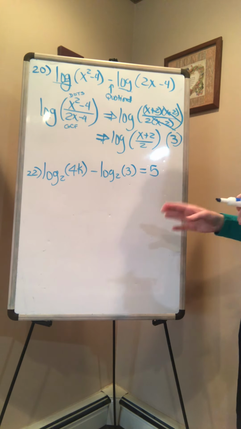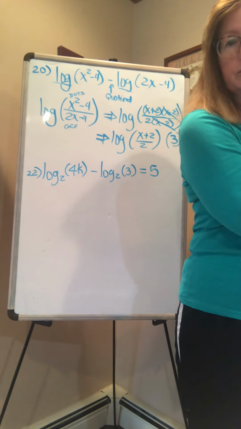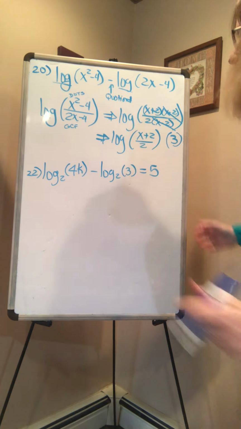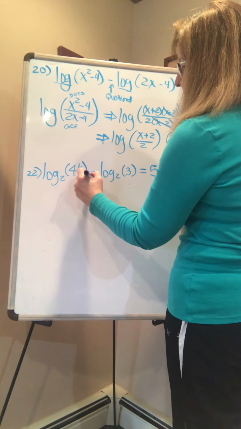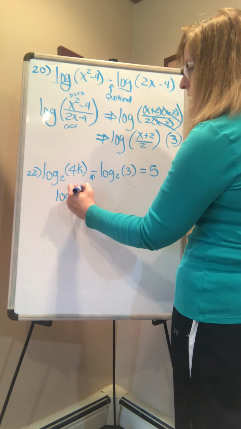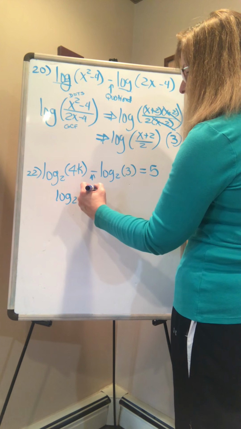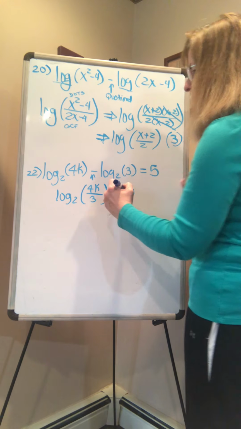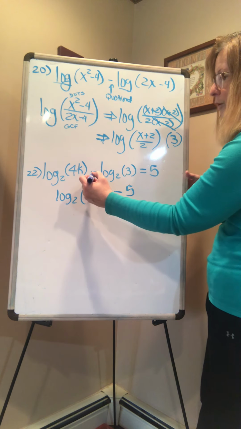So now this is the quotient rule, and I'm going to use the quotient rule again. I'm going to factor out the log base 2, and I'm going to have 4k divided by 3 is equal to 5. So that was lesson 3, quotient rule.